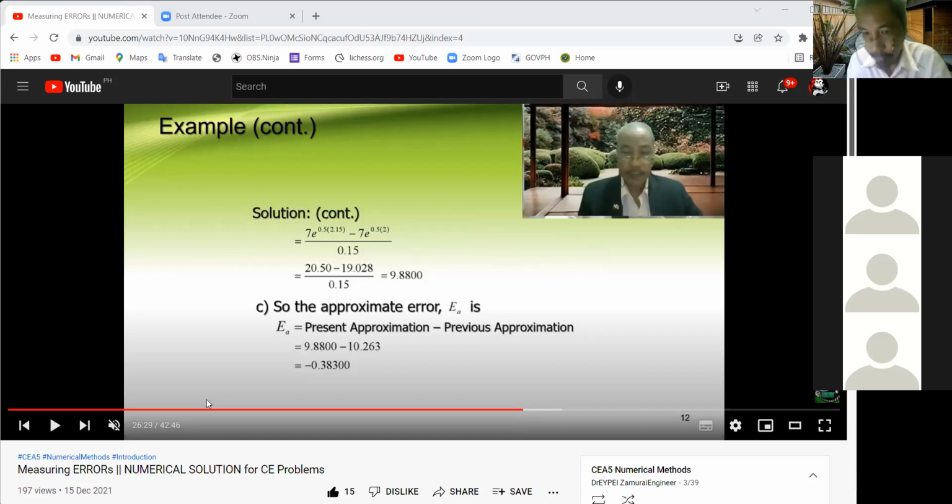Okay, look at my hand. I will count it for you so that everybody would be cleared up: 1, 2, 3, 4, 5. So 5 significant figures.